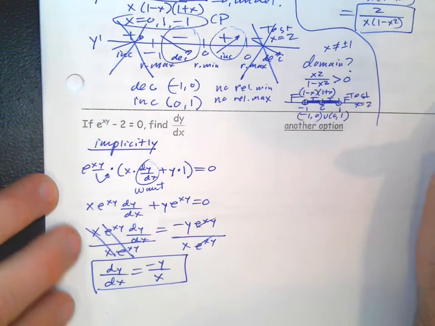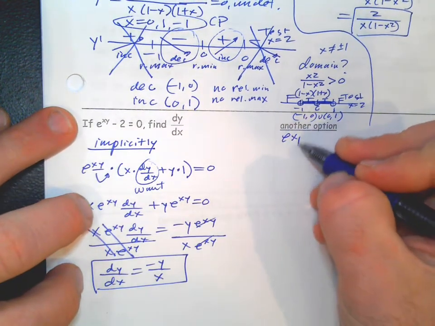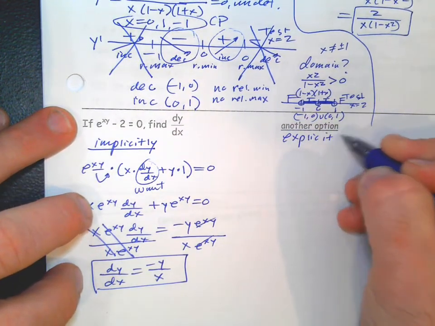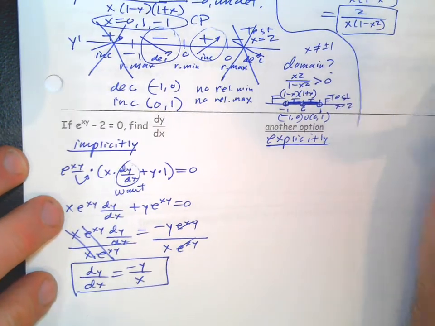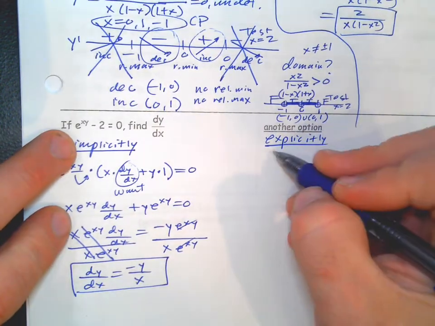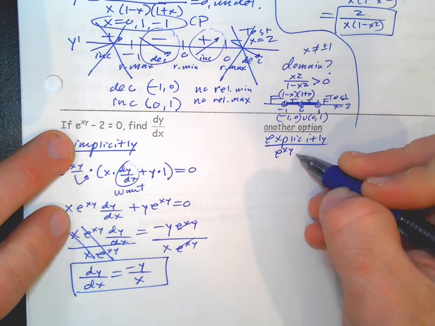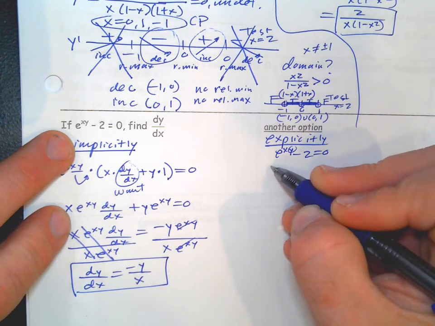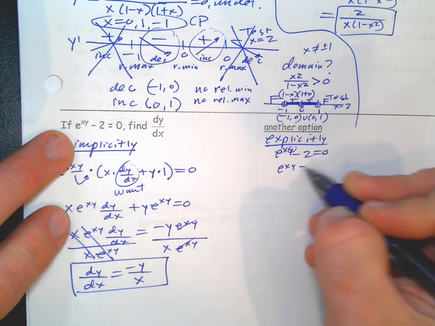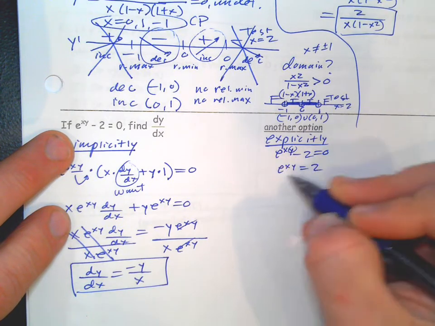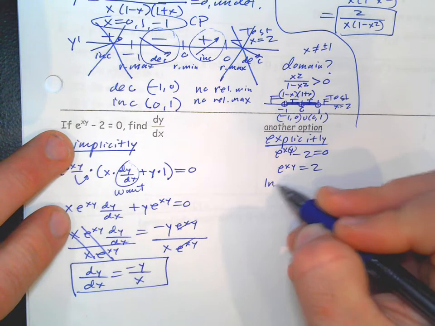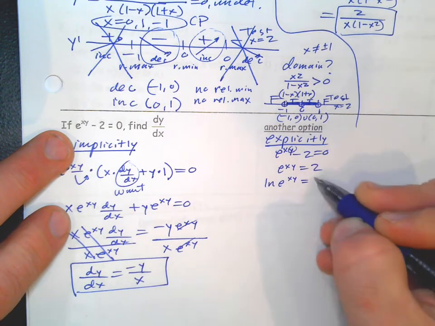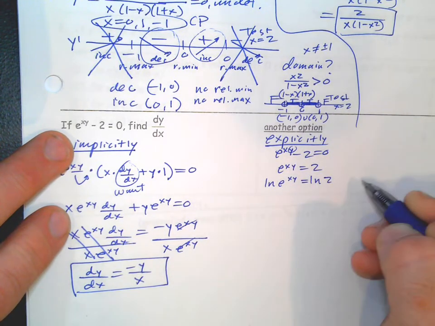I mean, we could try it explicitly. I don't know if that's a better option, but you would want to solve the equation e to the xy minus 2 equals 0. You want to get y by itself. So you would move the 2 to the other side, isolate the exponential part, and take the natural log of both sides, because you can't just distribute natural logs to these terms separately.